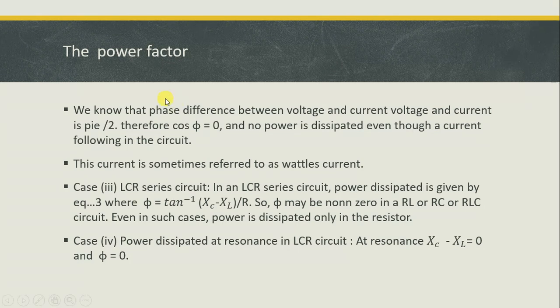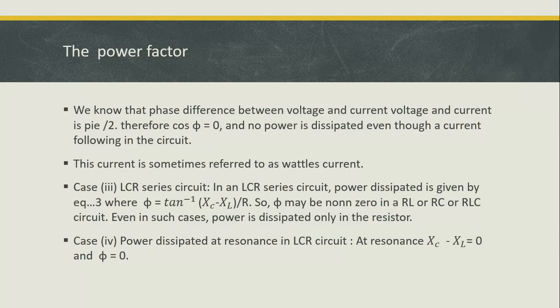Here we have written pi by 2, please understand that it is pi by 2. Therefore cos phi is equal to 0. So there is no power dissipated even though a current is flowing in the circuit.